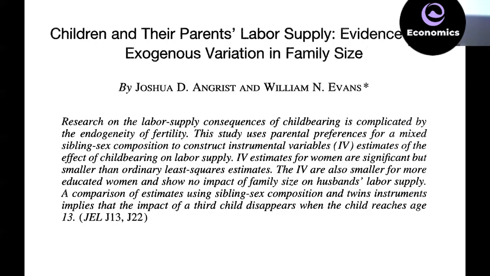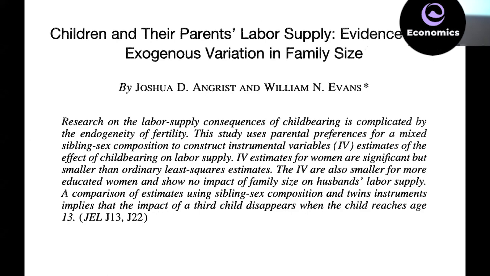And that's instrumental variables. Here's another example where people use this innovative idea. Again, it comes from Joshua Angrist, many years before he got the Nobel Prize, and Bill Evans. People who study the labor market are interested in labor supply, how people decide how many hours, whether or not they work in the labor market.